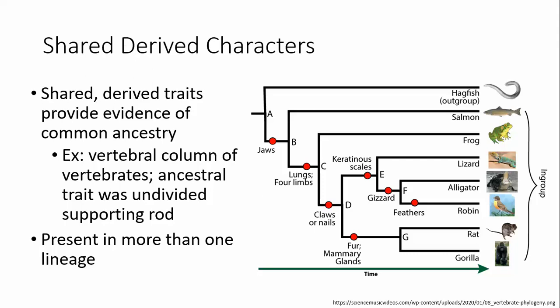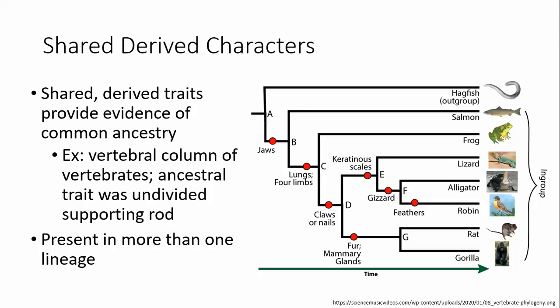So, shared or derived traits show evidence of common ancestry. For example, here we see a phylogenetic tree that is showing you the relationships between different vertebrates. No invertebrates are on here, as you can see. And so shared or derived characters are usually found in more than one organism, more than one lineage.